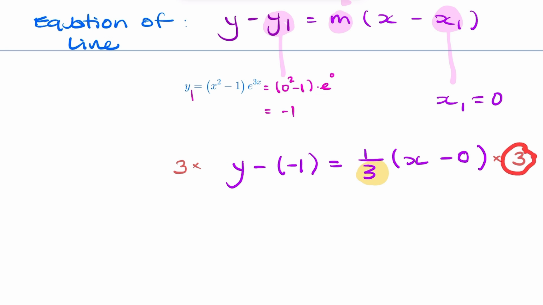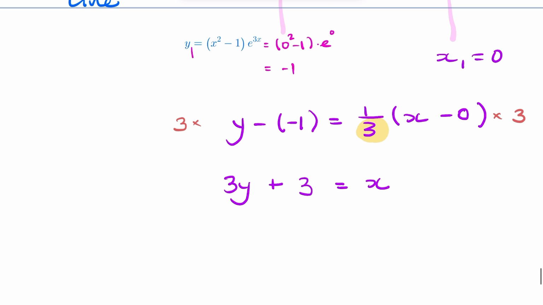So if you multiply by 3, you essentially get rid of that, and then you need to multiply the left-hand side. So you end up with 3y minus minus is plus, plus 1 multiplied by 3 gives you 3. This 3 cancels with this 3, equals, we don't need to write the 1, and we don't need the brackets, and we don't need the 0. So it's simply equal to x.